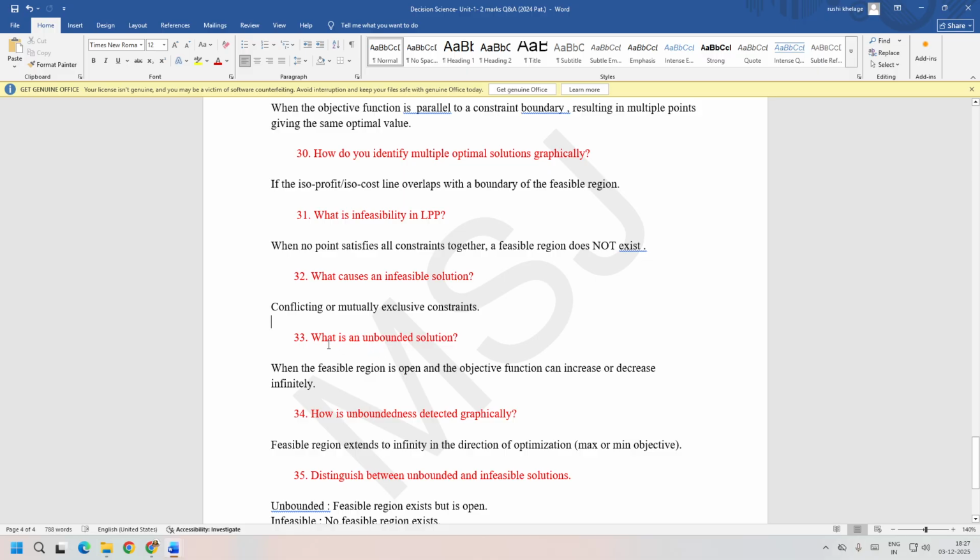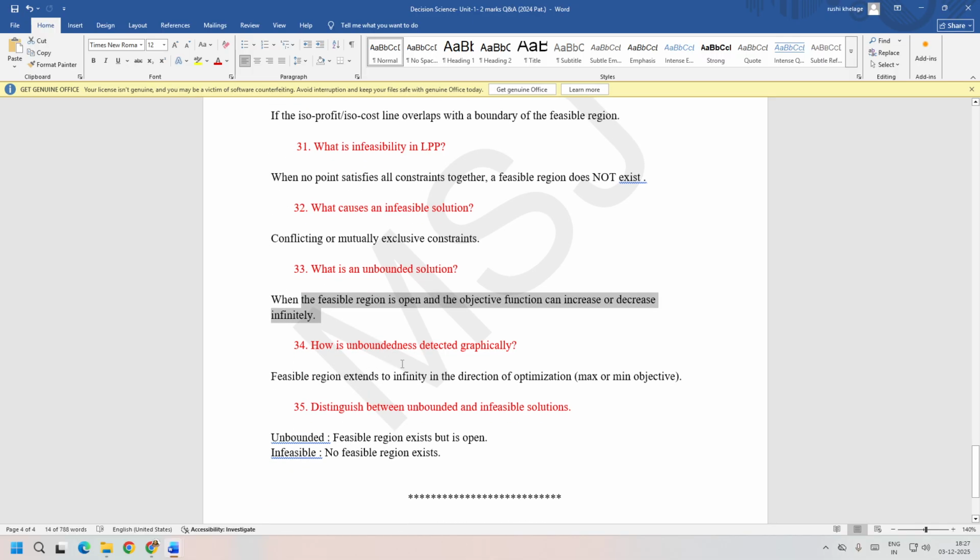What is an unbounded solution? When the feasible region is open and the objective function can increase or decrease to infinity. How is unboundedness detected graphically? The feasible region extends to infinity in the direction of optimization.